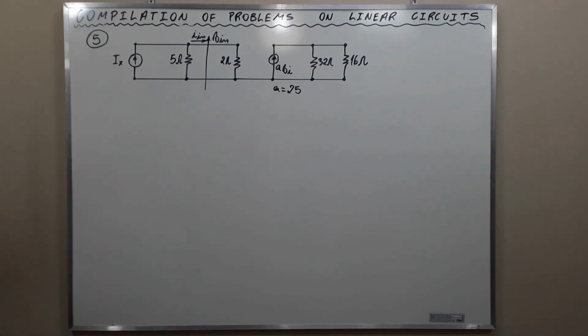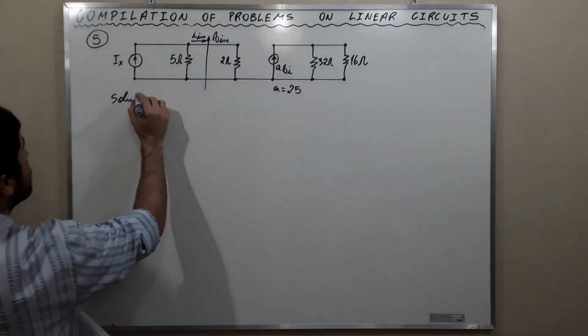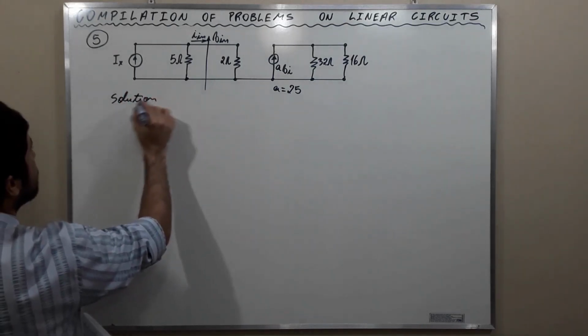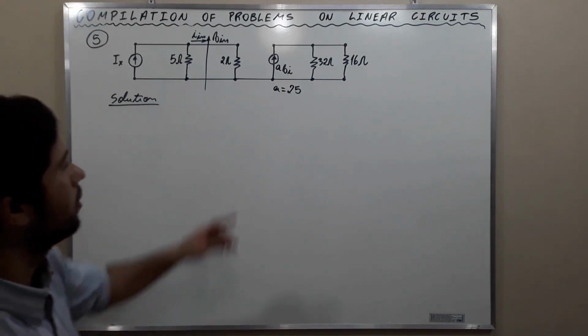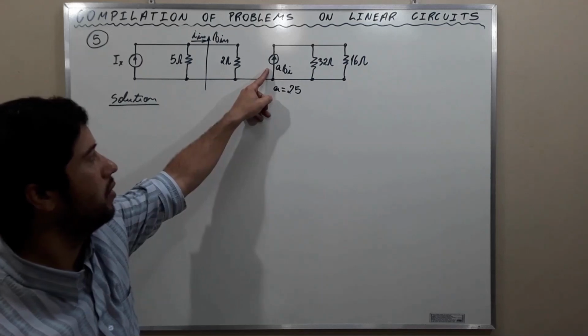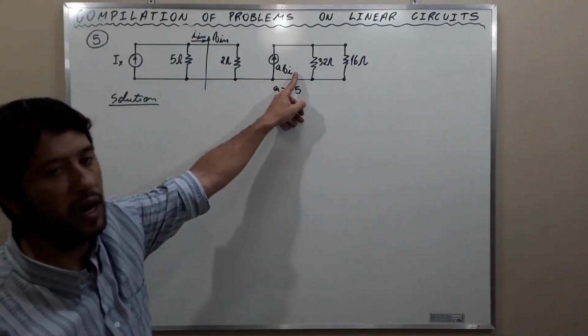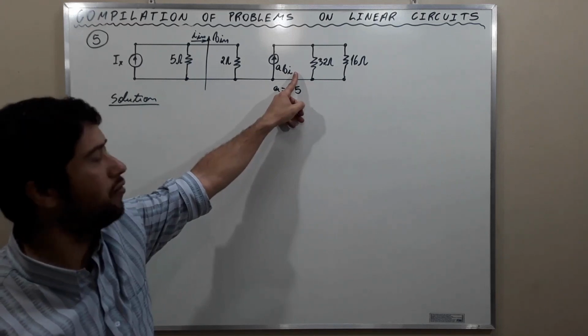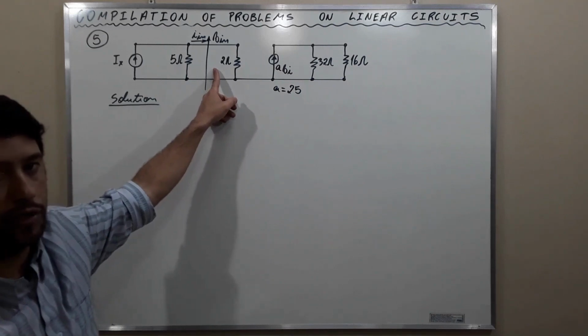Okay, my friends, this is the question. Let's go to the solution. This is a voltage controlled current source. What does it mean? See that this is a current source, and the current is a function of this voltage.